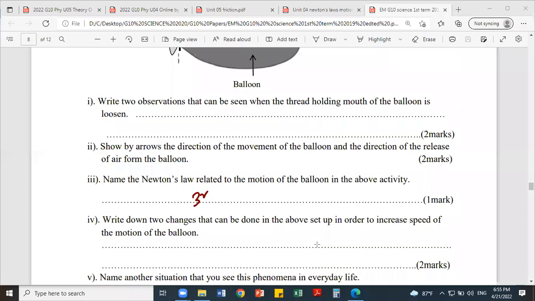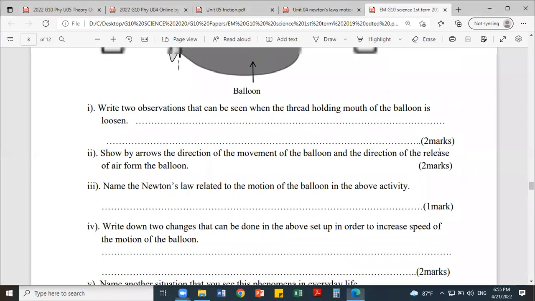So the reaction will be what? The balloon is moving towards the right side, in the opposite direction. That will be the reaction.